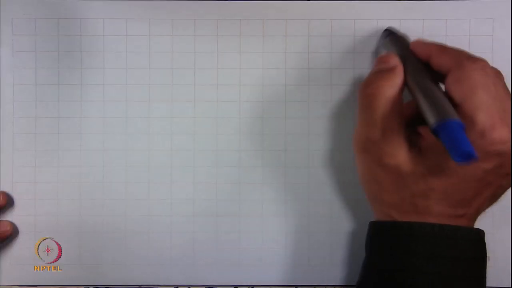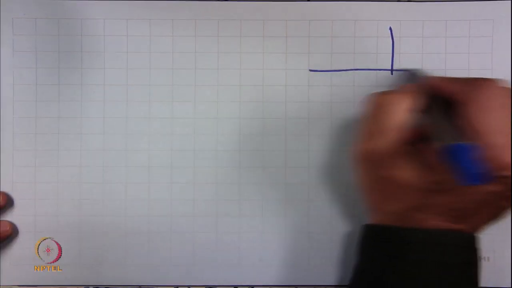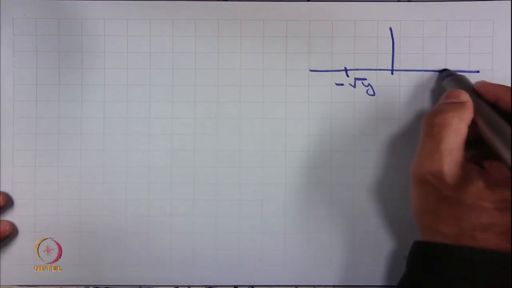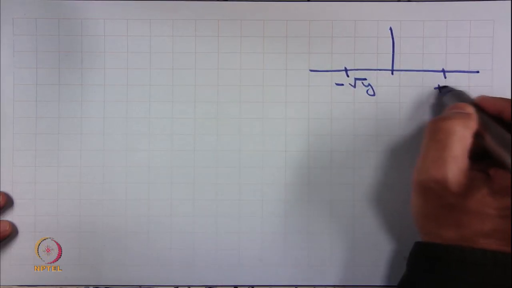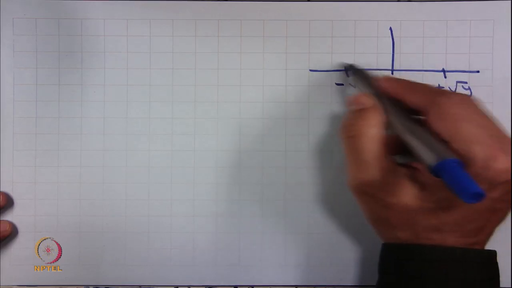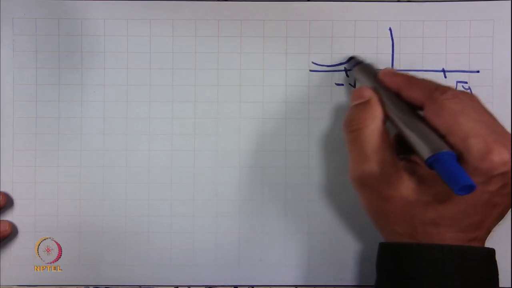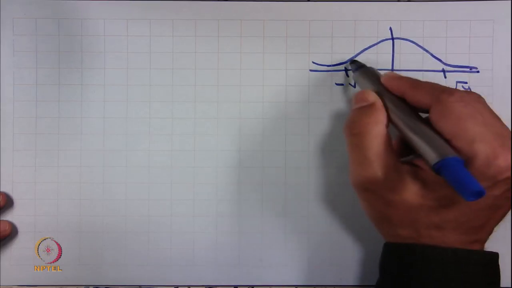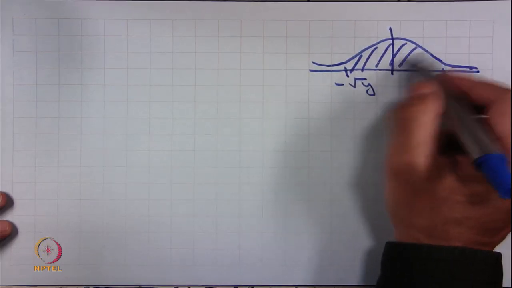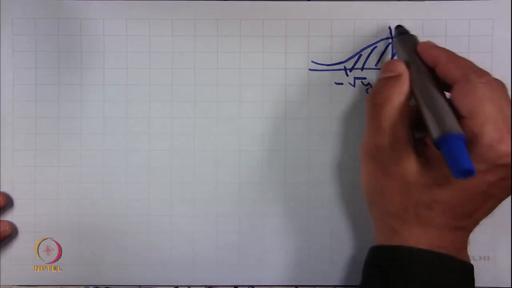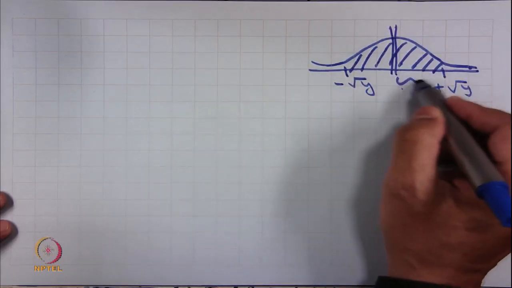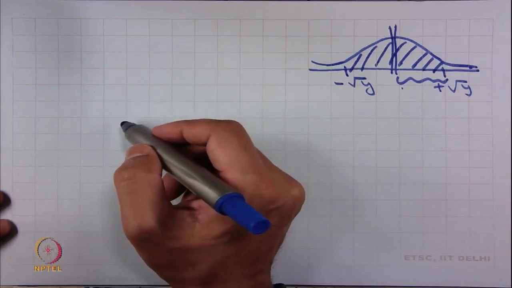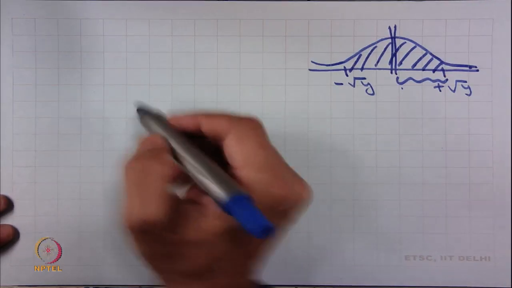Now, since normal is symmetric, and if this is minus root y and this is plus root y, then this probability is actually 2 times the probability that x lies between 0 to root y.